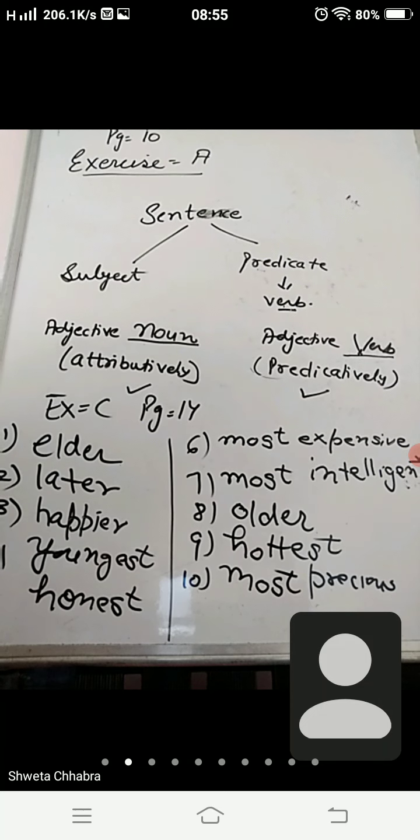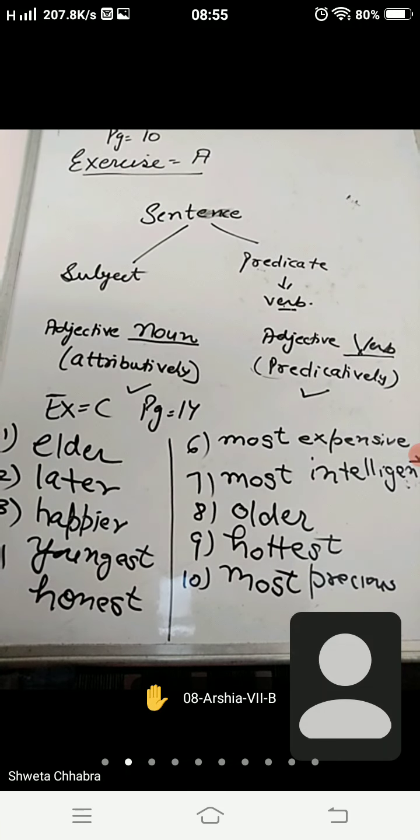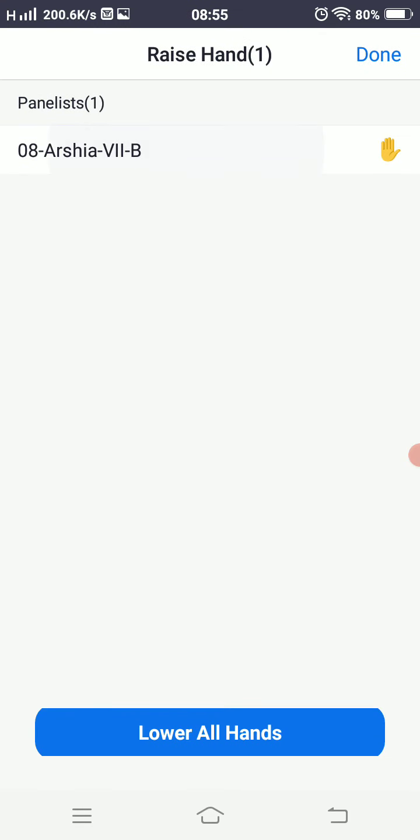Now let's move to the next grammar topic. Get ready for that. The one I am going to take is sentences. Okay. Or shall I take narrations? Yes, Arshia wants to say something. Yes, Arshia, what do you want to say?